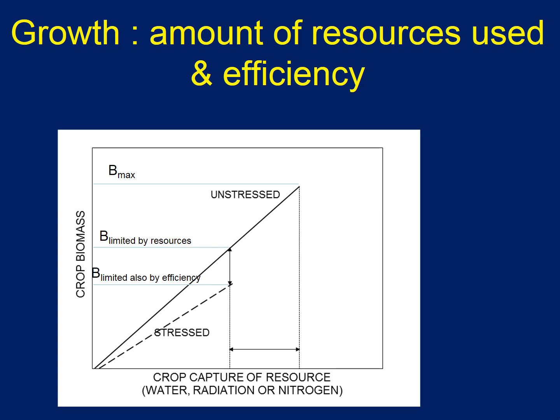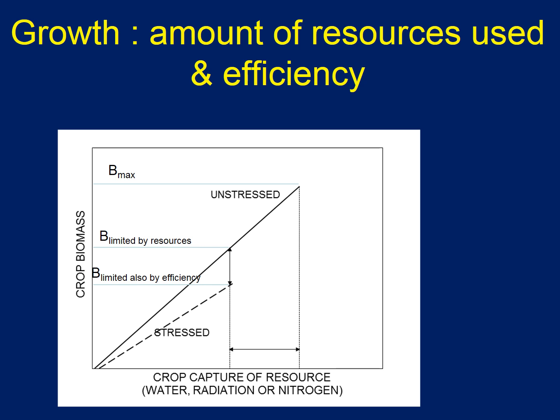But we have followed the same line with the same slope, so we are still under conditions of lack of stress. If the stress increases, we can reduce biomass production to this point, where the amount of resources have been limited, like here, but also the slope of the relationship follows this discontinuous line, the stress line.